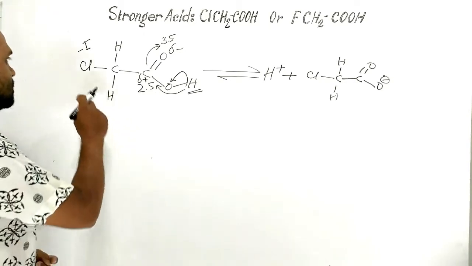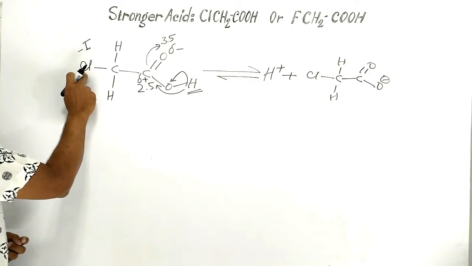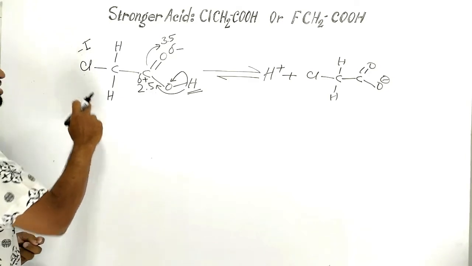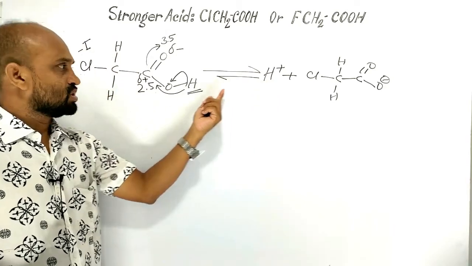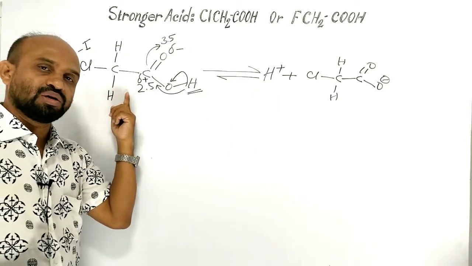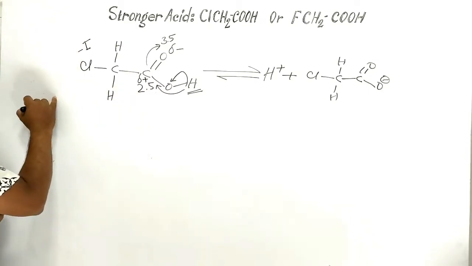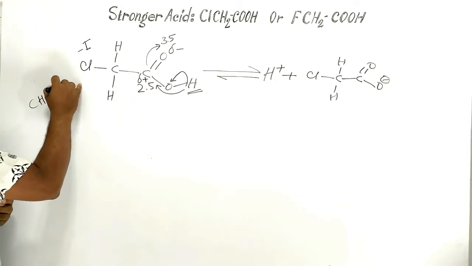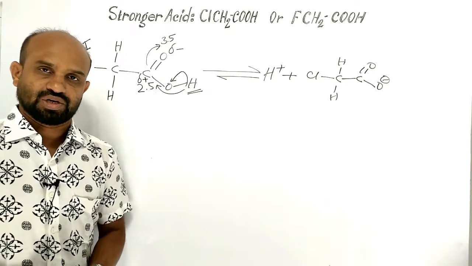So here this chlorine, a negative inductive effect atom, expedites formation of the proton. So this is simply an acid, even a stronger acid than acetic acid or methanoic acid.